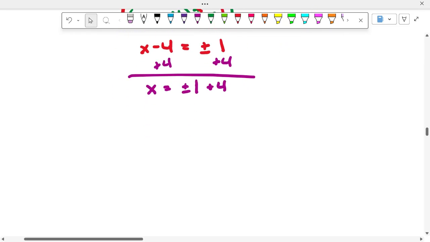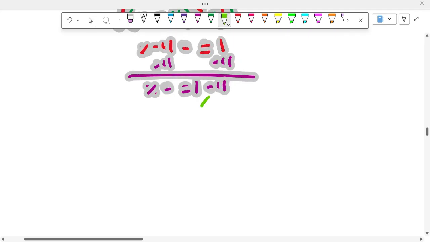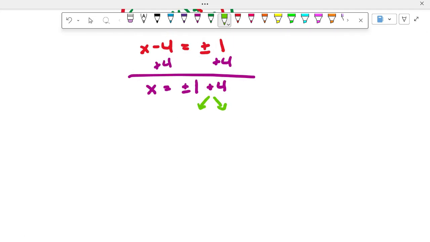So what do I have to do to finish this up? We do 1 plus 4 and then negative 1 plus 4. We don't have to flip the sign of the 4, just the 1. So what's 1 plus 4? 5. Negative 1 plus 4? 3. So x is equal to 3 and 5.